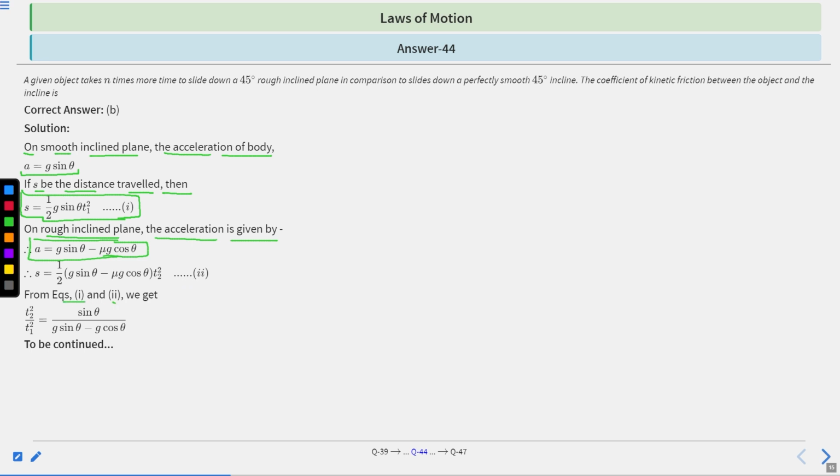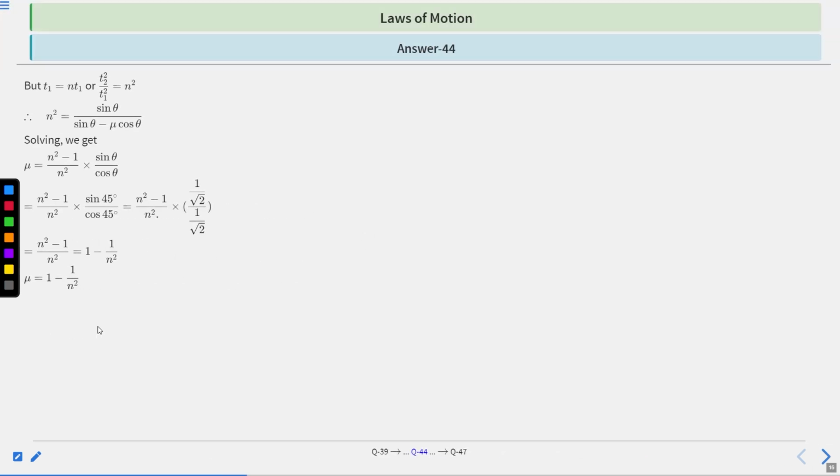From equation first and second, we get t2 square upon t1 square is equal to sin theta upon (sin theta minus mu cos theta). Solving these terms, n square equals sin theta upon sin theta minus mu cos theta. Clear?